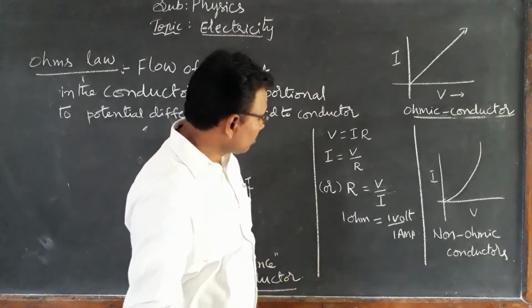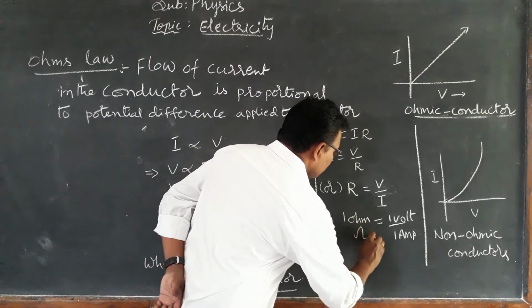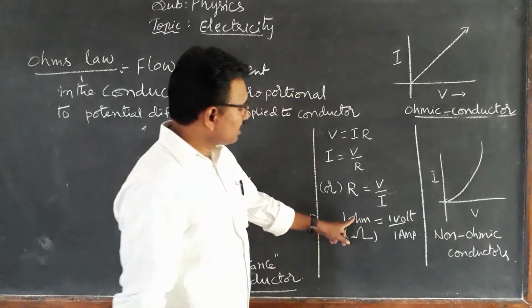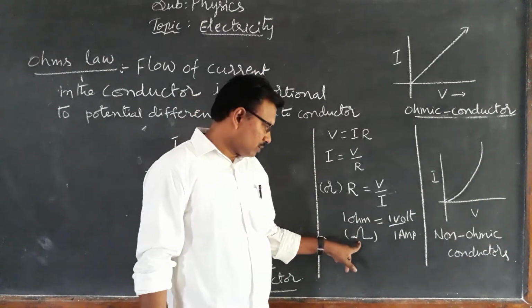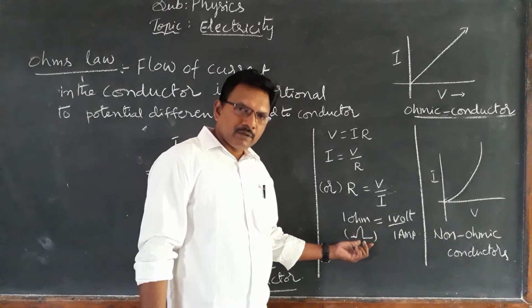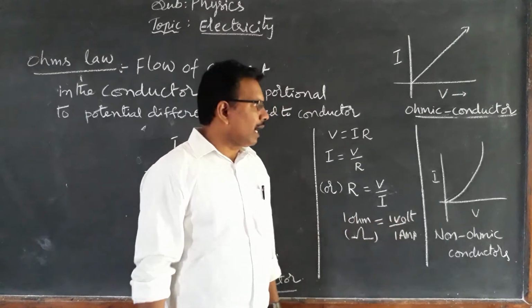We also show ohm with a symbol. So ohm is equal to volt by ampere.